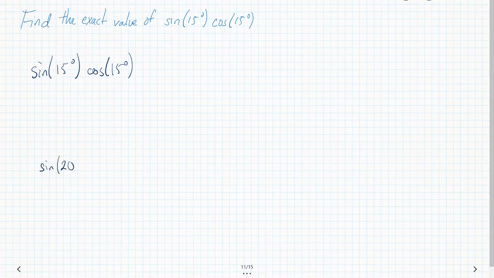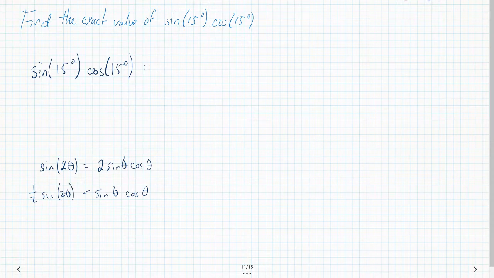Sine of 2 theta equals 2 sine theta cosine theta. So if we wanted sine theta cosine theta, because that's essentially what we have here, that would equal 1/2 sine of 2 theta.